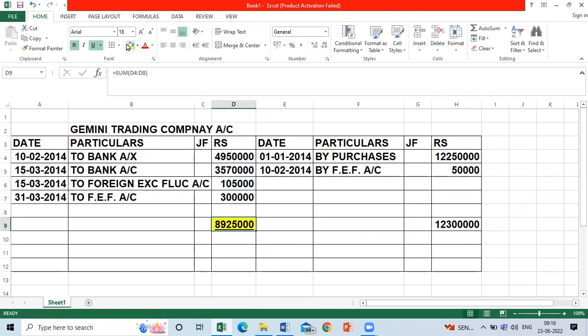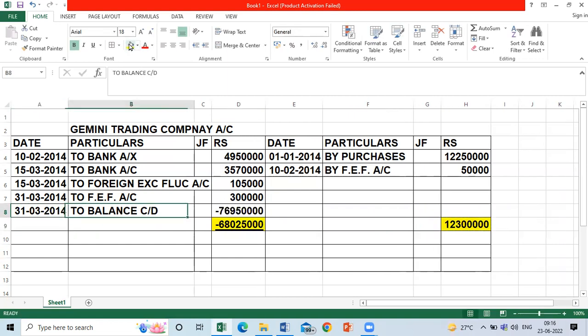Subtract them and get the balance on 31st March 2014. To balance carried down, the difference between 12,30,000 and 89,25,000. Account tallied.